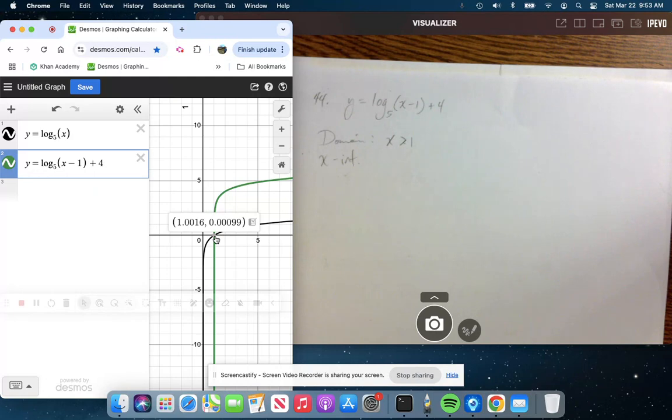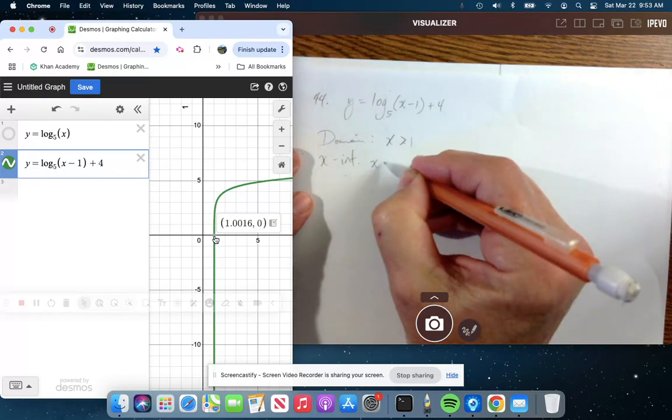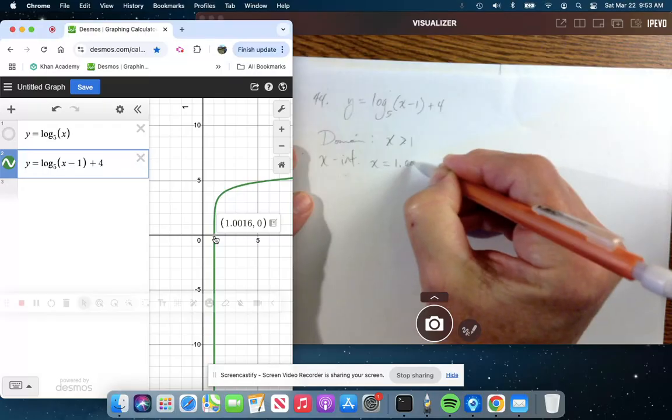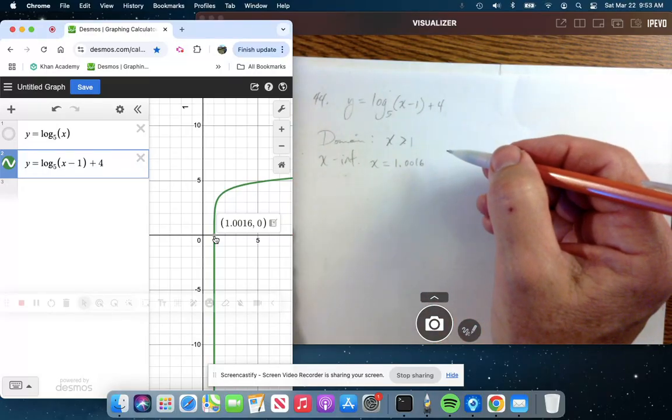Hold on, let me turn this one off. 1.0016, so it's bigger than 1. Obviously, it has to be. So x is equal to 1.0016. All right, so that's the x-intercept.